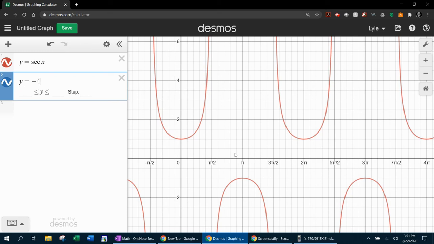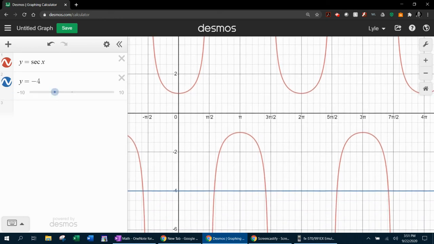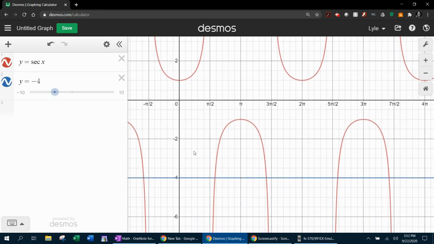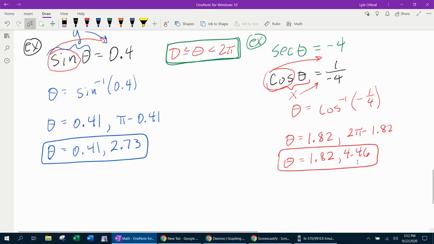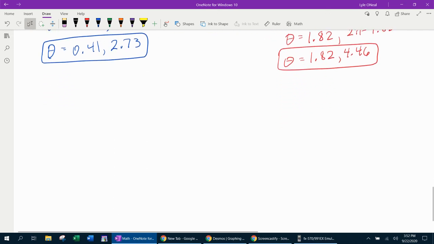Notice that my scale, I can't see -4, so I'm going to scroll up a little bit, and then I see -4 here, okay? So from 0 to 2 pi, do you see that there are two intersections at 1.82 and 4.46? 1.82, 4.46, solutions verified. And this is the last problem we're going to look at.